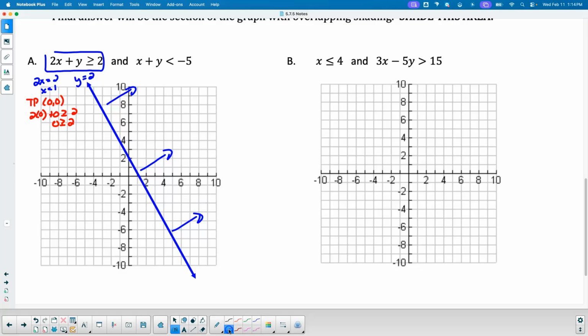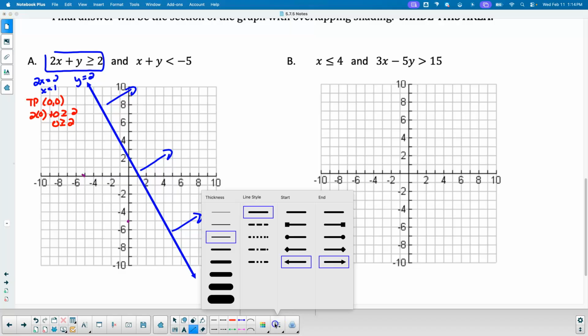Second one has an x-intercept of -5 and has a y-intercept of -5 because it's either x equals -5 or y equals -5. This is a dashed line.